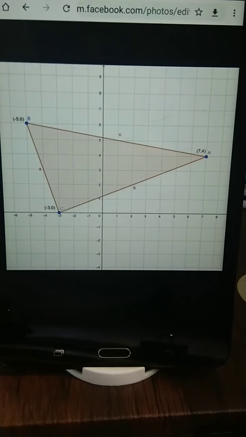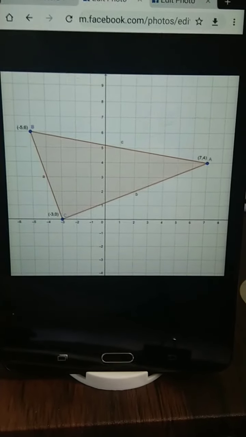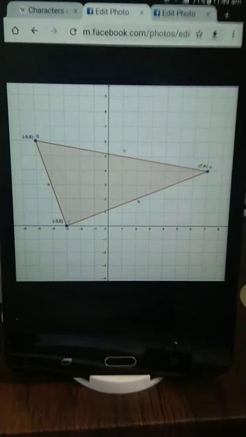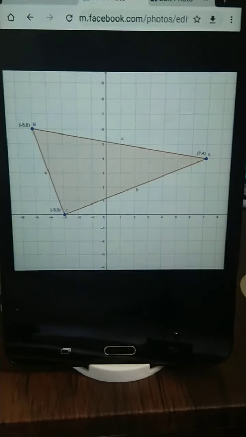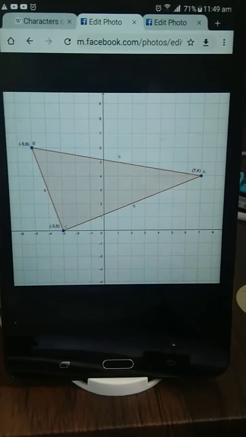Solving the area of a triangle using matrices and determinants gives an efficient solution to our problem.